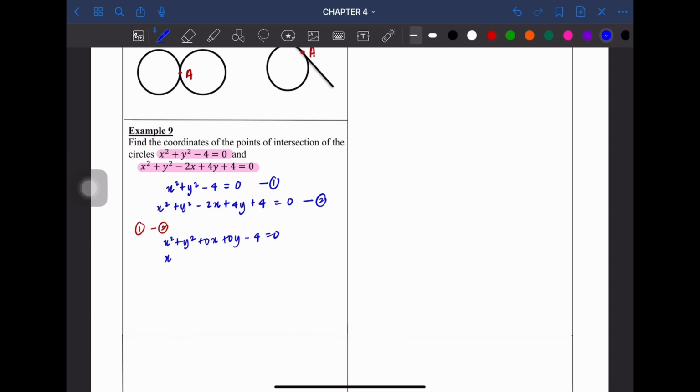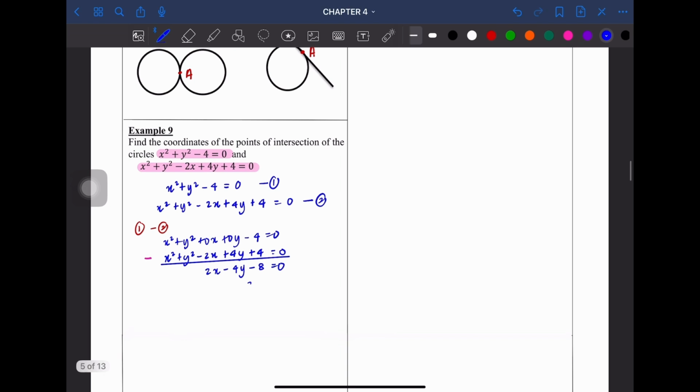And then for the second equation, x squared plus y squared minus 2x plus 4y plus 4 equal to 0. So now we subtract the expression. This one 0, this one also 0. So 0 minus minus 2x, we will get positive 2x. 0 minus 4y is negative 4y. Negative 4 minus 4 is negative 8, equal to 0.